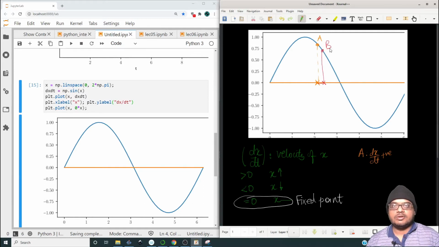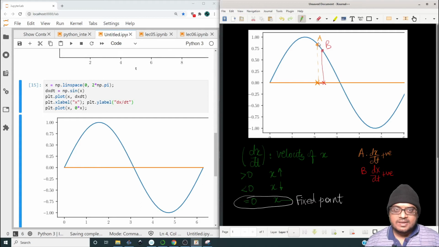Let me call this point B. At B, dx/dt is again positive, but the magnitude of dx/dt is less than the magnitude of the velocity at this point. So the velocity has reduced. In a given time instant, if it traveled this distance, at the next time instant it will further travel along this, but the distance it would travel would be less. Again, at the next time instant, the distance would be less.